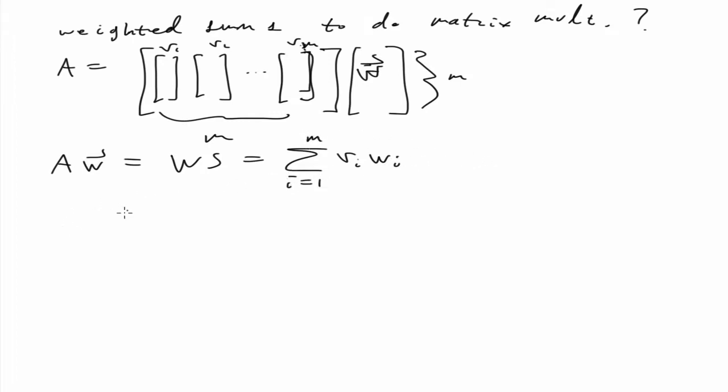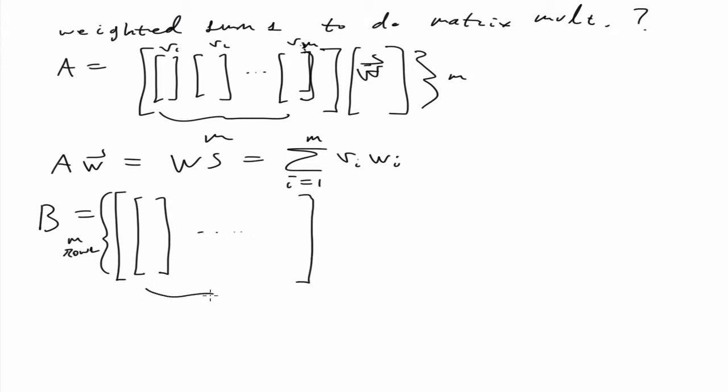Okay. All right, now what if B is my matrix? I'm going to write it here, and it's going to have, of course, m rows, and it's going to have p columns, because it is m by p.